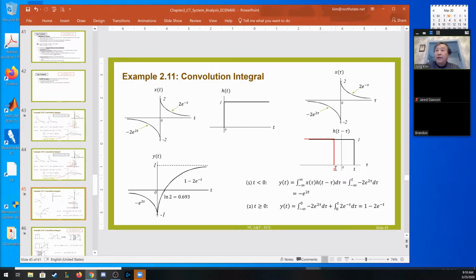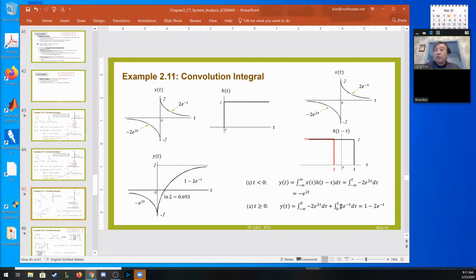And then if this is moved further to the right side, scanning to the right, then t is greater than 0. Then there are two parts. One is where this function is completely overlapped, from minus infinity to 0. And then the right side function overlaps between 0 and t.